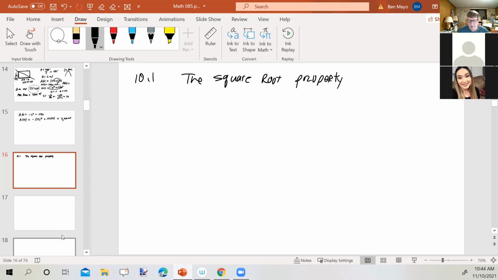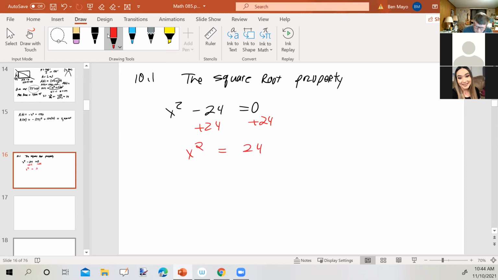That said that if we had an equation, let's say, for instance, x squared minus 24 equals 0, a second degree equation, and if we could put a perfect square on one side and a constant on the other, so for instance here, I'm going to add 24 to both sides. You get x squared equals 24. So I have a perfect square on the left, which contains a variable, and a constant on the right.